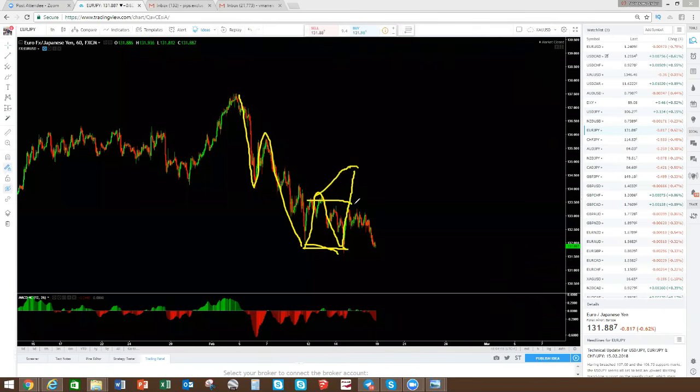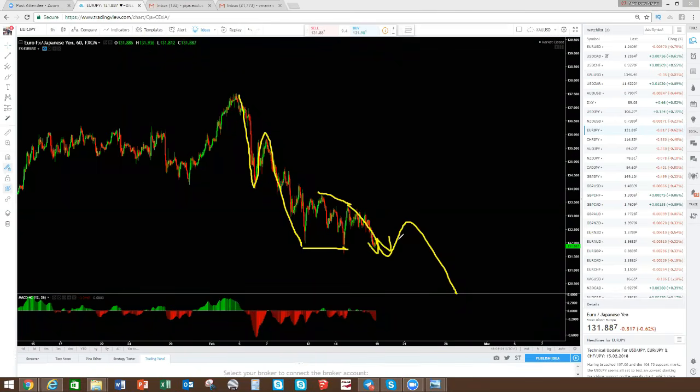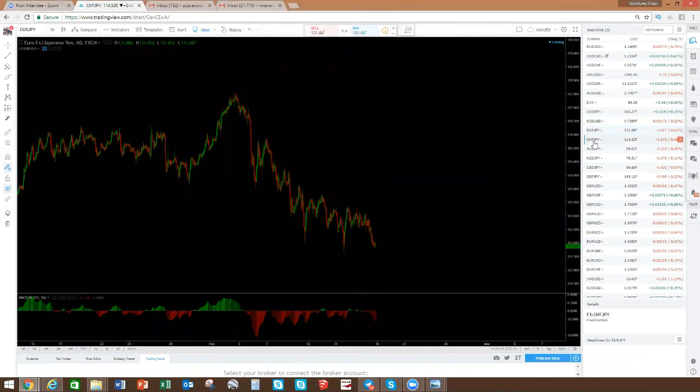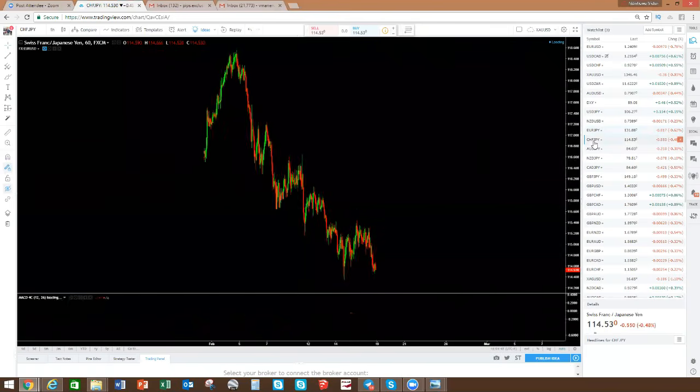So we wanted to take advantage of this short move, which did not play out. So it looks like we've got a 1, 2, 3 there, we've got a 1, 2, 3 there, and then we may get another move to the downside like that. So we need to keep an eye on any corrective structure that we get here. It will be a sell opportunity. And remember here, we're busy building a wave 4. That's EURJPY.